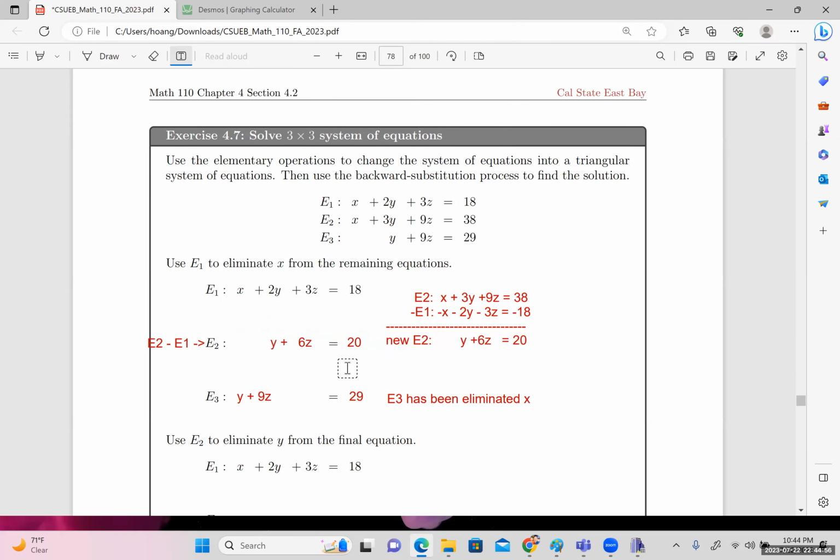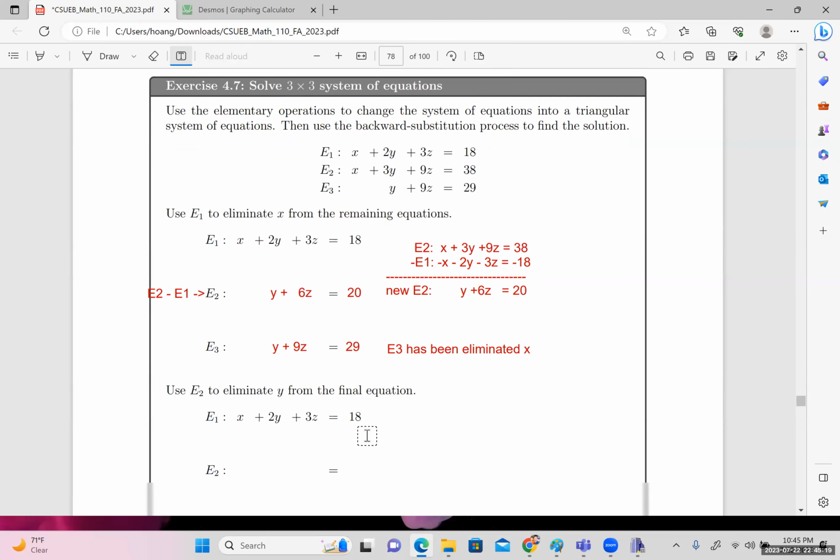And for equation number 3 there, I don't have to do anything since the x term has been eliminated already. So I will just have y plus 9z equal to 29.